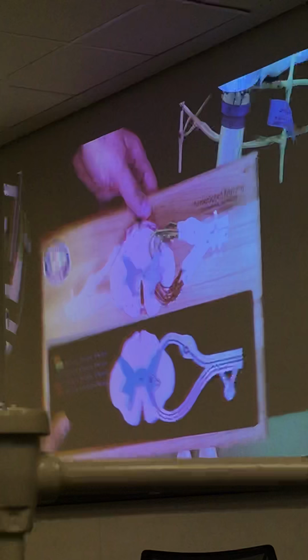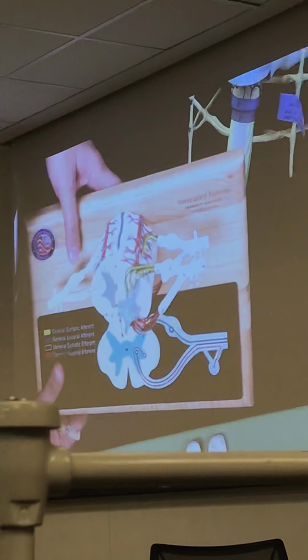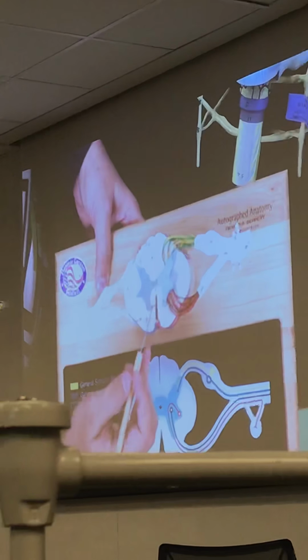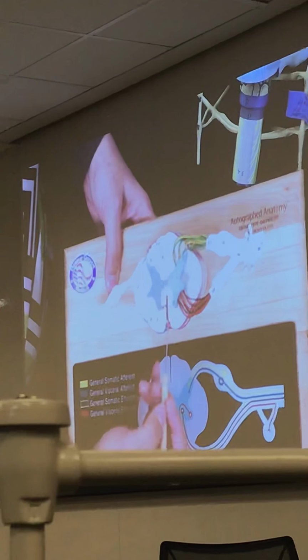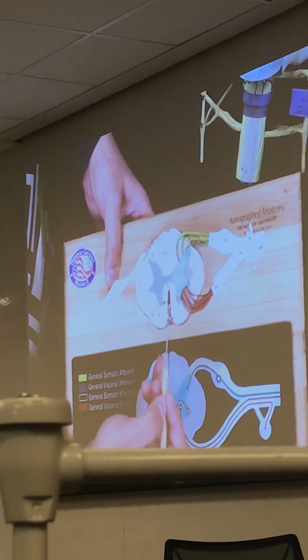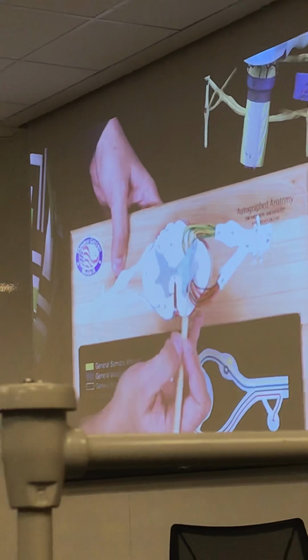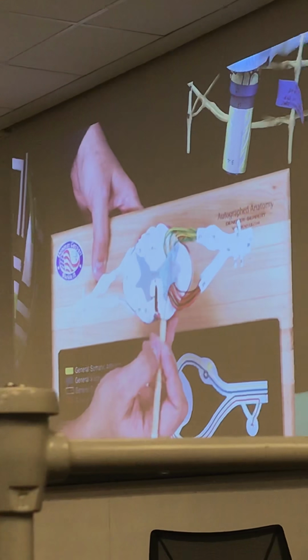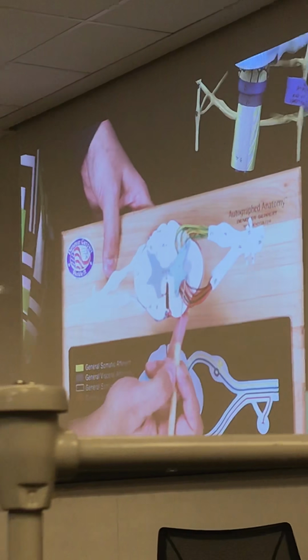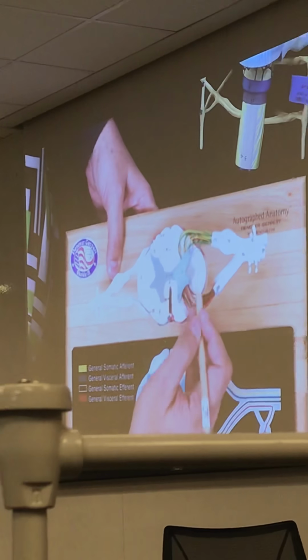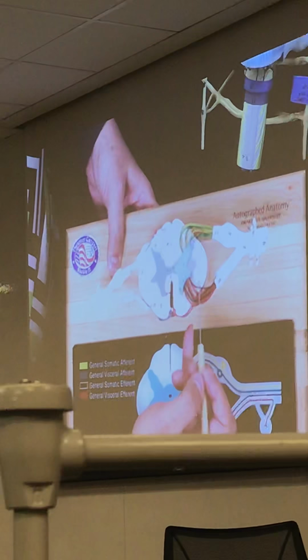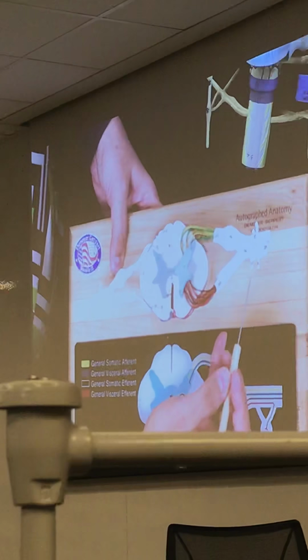Now, a similar model, we have exactly the same structures that are shown here. This also might be used for the same exam, for your exam. So again, knowing which is the anterior median fissure, knowing the posterior median sulcus, knowing the three different gray horns, posterior gray horn, anterior gray horn, lateral gray horn, knowing that this is the dorsal root ganglion, the ventral root, and then the branches.